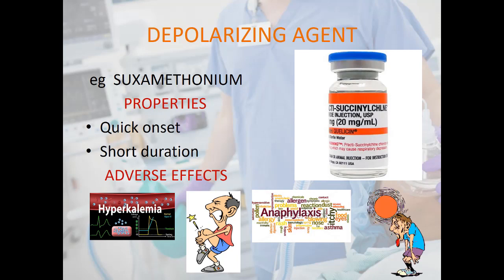Under normal conditions, post-junctional membrane depolarization results in leakage of potassium that produces an increase of approximately 0.5 to 1 milliequivalent per liter in the serum potassium concentration.